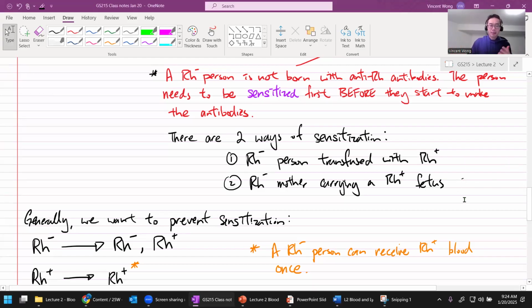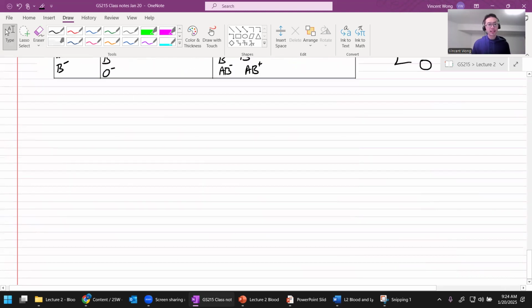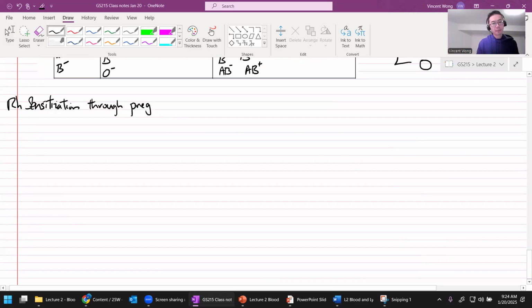Okay? So I'm going to give you a note that explains Rh sensitization through pregnancy, because you can get sensitized by other blood groups as well. But we're focusing on Rh sensitization through pregnancy.